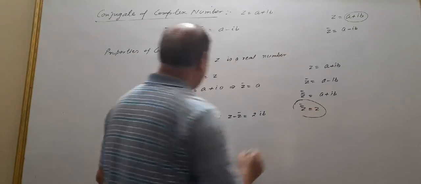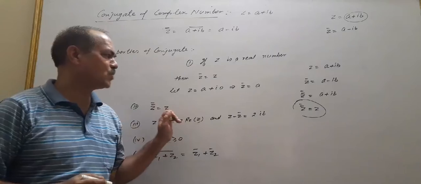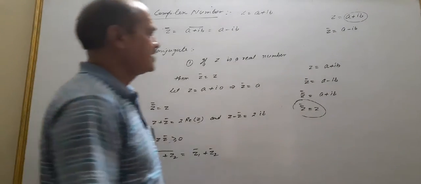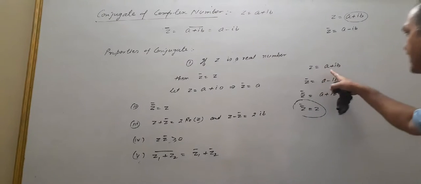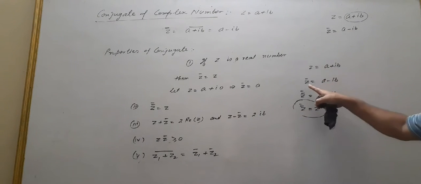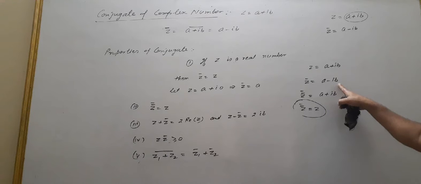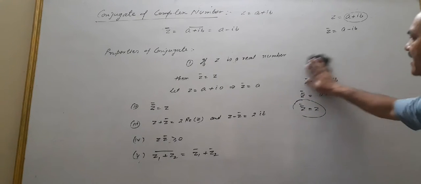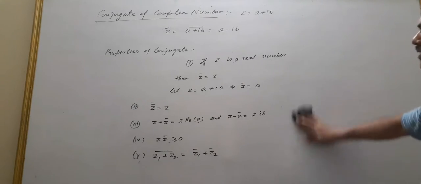So this is another property: the conjugate of a conjugate is again the same complex number. The conjugate of a minus iota b again becomes a plus iota b.